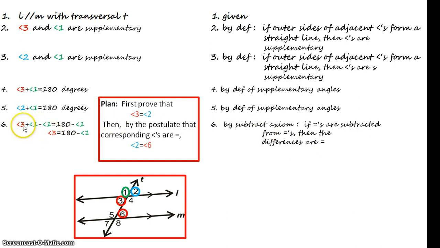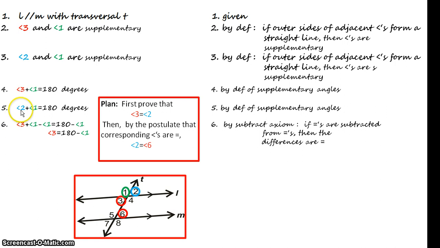Angle 3 on this side is the difference, and this is the difference on that side, so these differences are equal. That's just something we always take for granted, but this is why we can state that. So now we have angle 3 by itself equaling this expression.